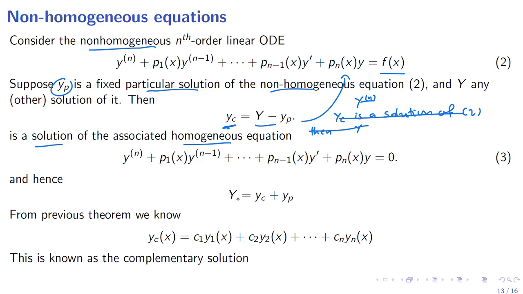So y will be yc plus yp. This will be the form of the general solution of the non-homogeneous equation 2, where yc is the general solution of the homogeneous equation. And we call yc the complementary solution.